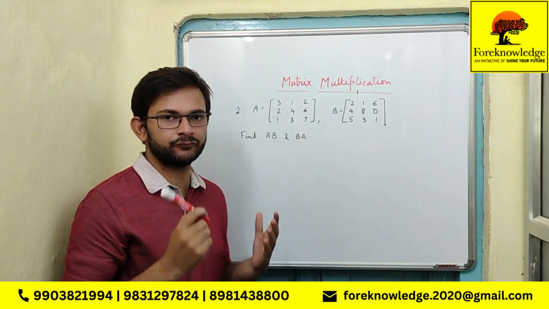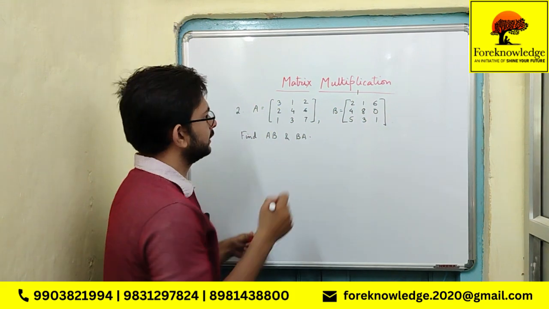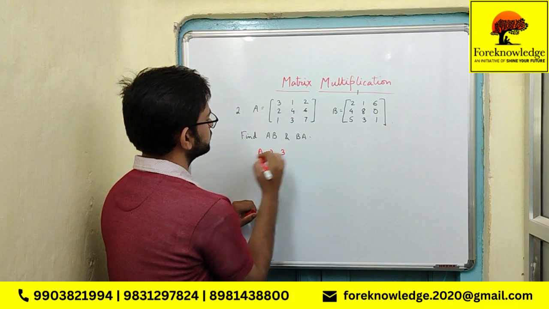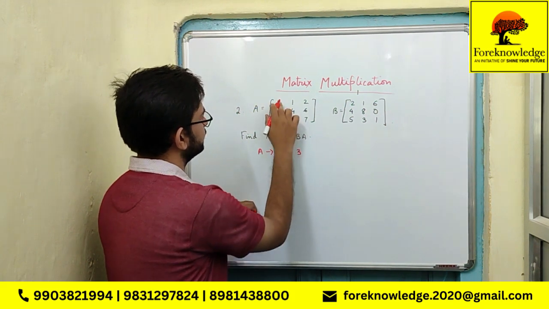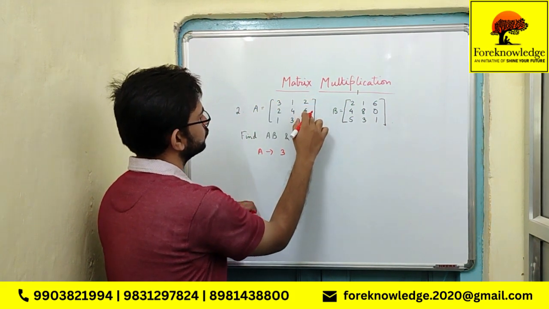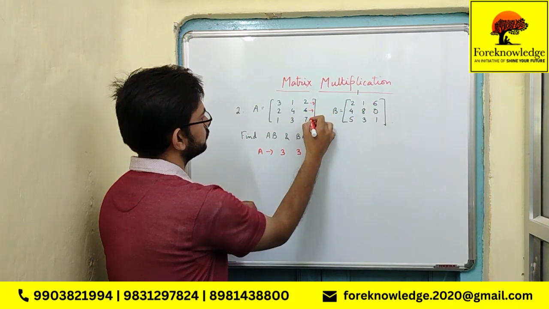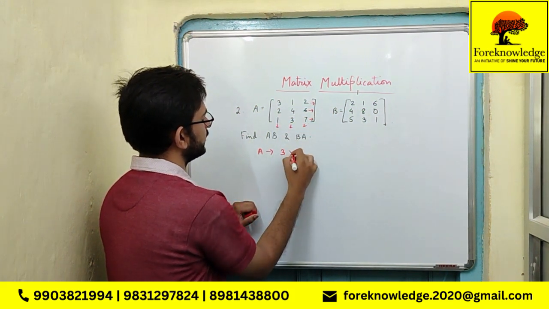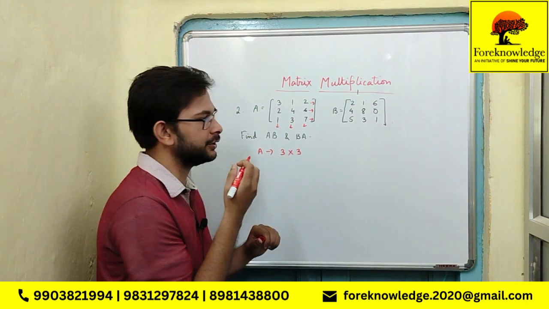Order means the number of rows and the number of columns. A has 3 rows, 1, 2, 3, and 3 columns, 1, 2, 3. So A has order 3 cross 3.